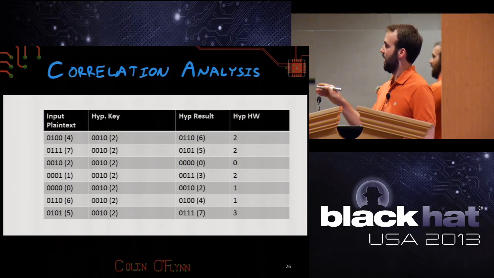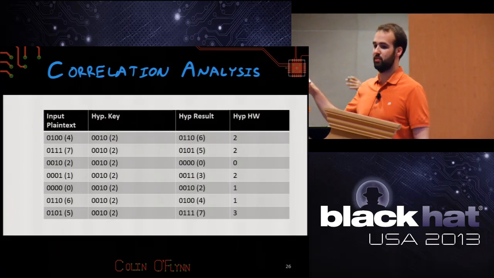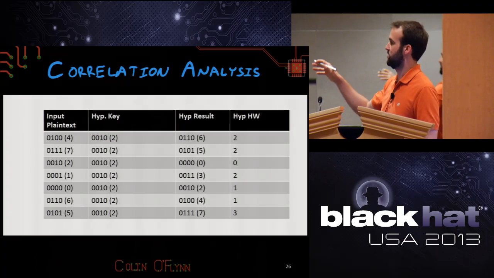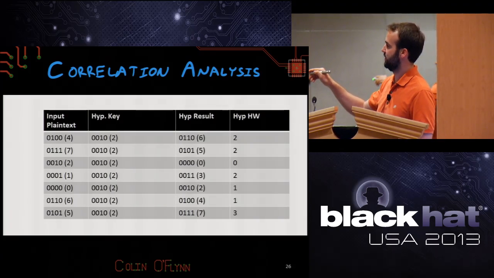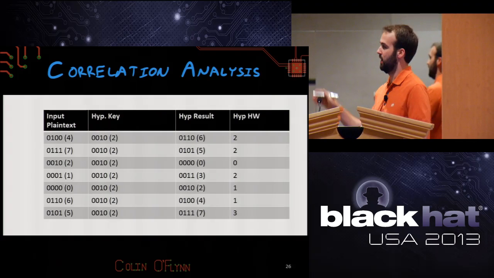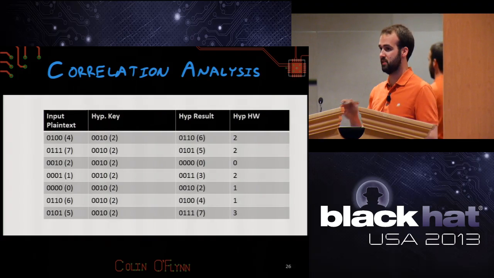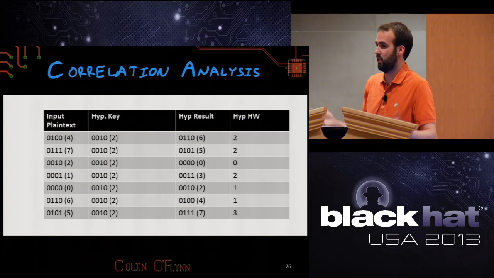When I have these in the algorithm and it generates some hypothetical value, was the hypothetical value put on the data bus, the only time this will work is if this hypothetical value agrees with the actual value. And you have to do this with a whole bunch of traces specifically because you don't know when the encryption exactly happened.